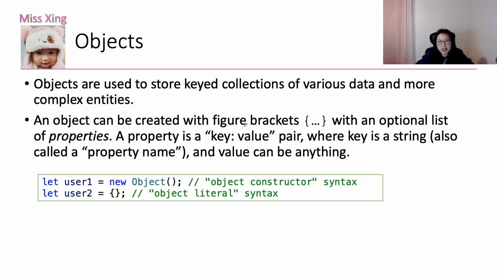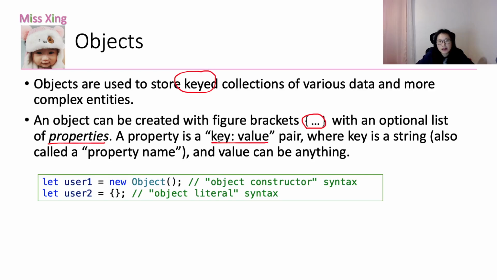So objects can be created with this one. Normally, I will call them braces, with an optional list of properties. Properties are these keys I talked about, this keyed collection. Properties like student first name, last name, student ID. A property is a key value pair.